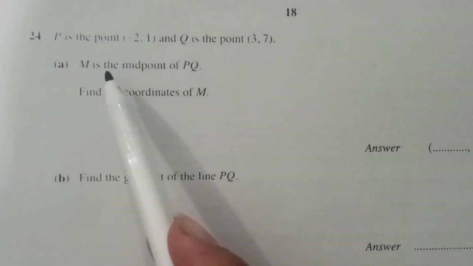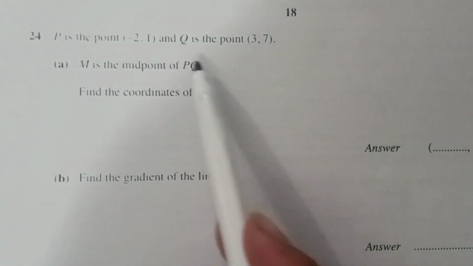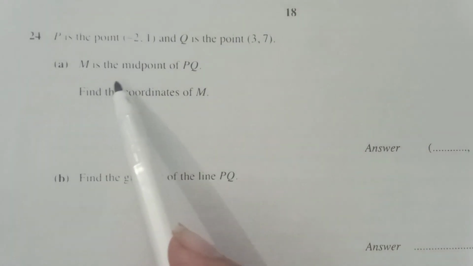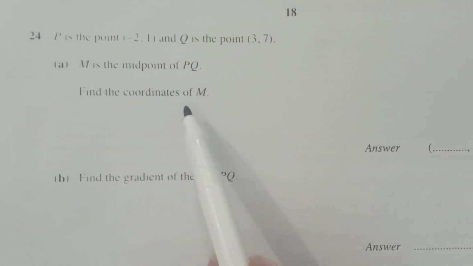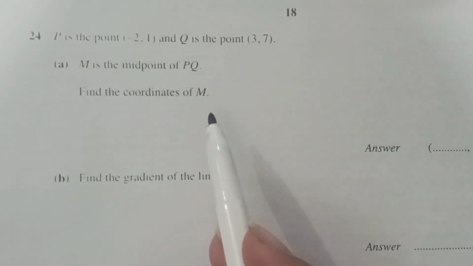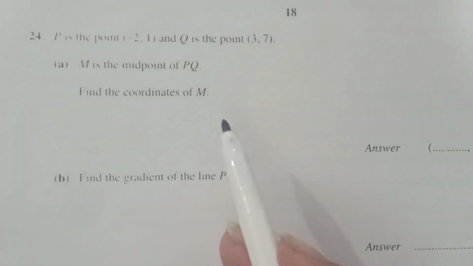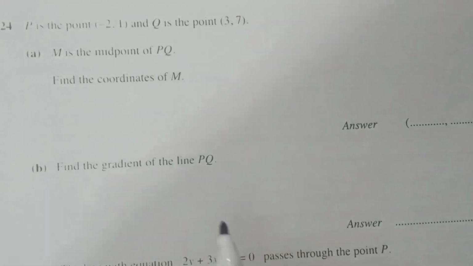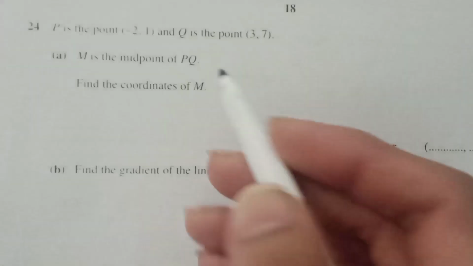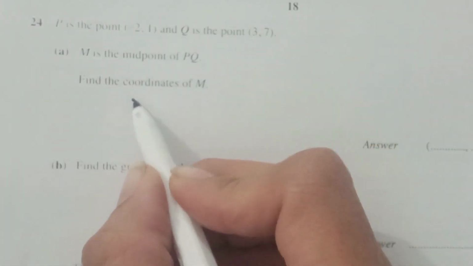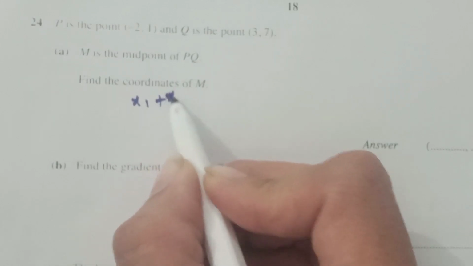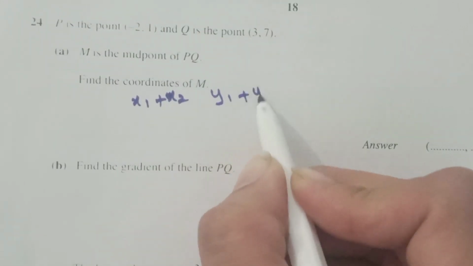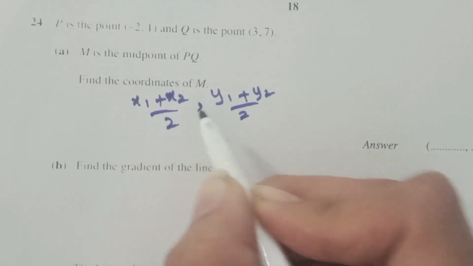Next question, students. P is the point (minus 2, 1) and Q is the point (3, 7). M is the midpoint of P and Q. Find the coordinates of M. We know the formula of the midpoint: (x1 plus x2) divided by 2 and (y1 plus y2) divided by 2.